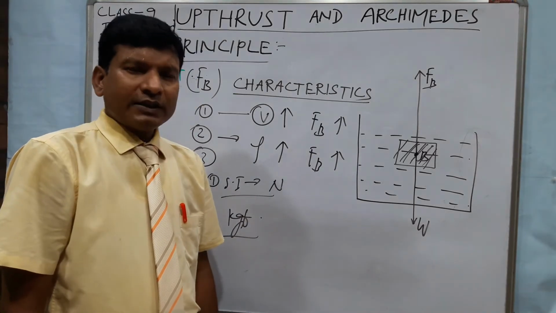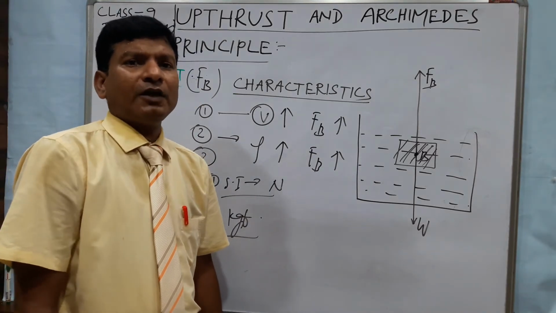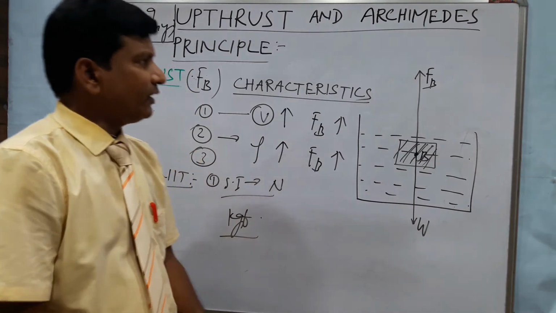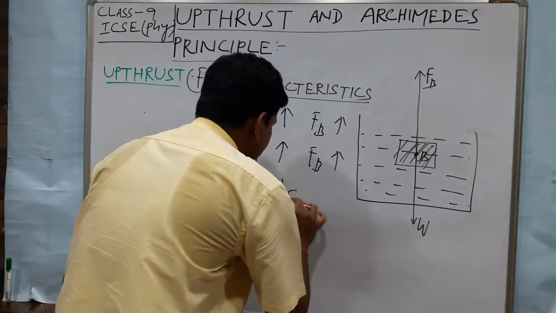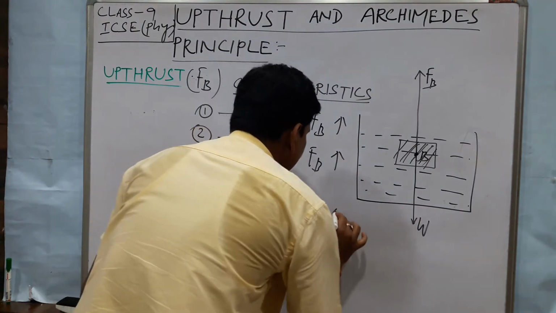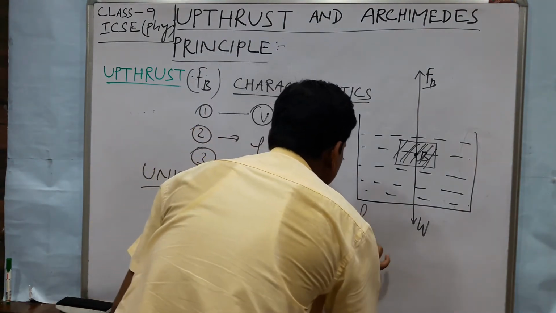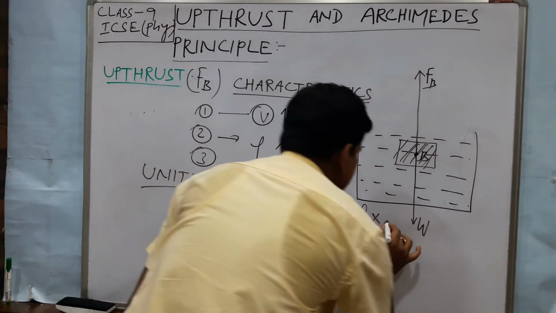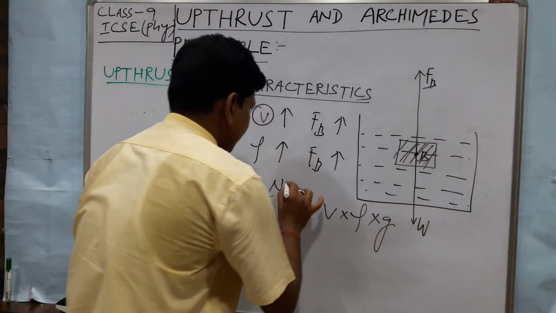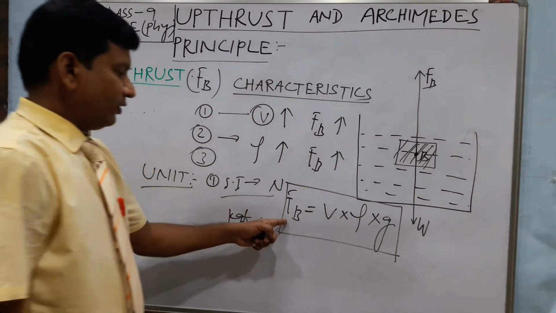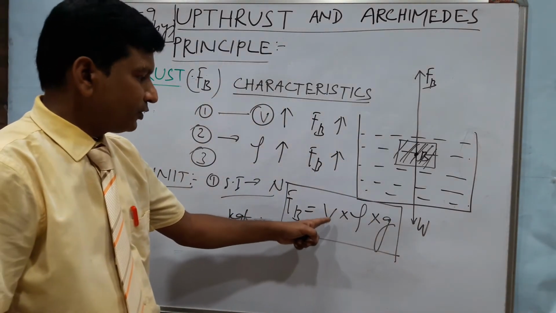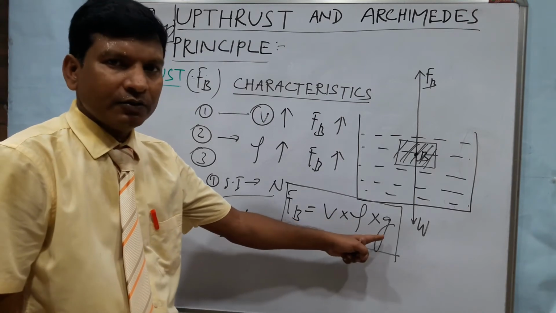Now see, what is the mathematical expression of the upthrust? Remember, students, the mathematical expression of upthrust: Fb is equal to V into rho into g. So upthrust Fb is equal to V into rho into g.